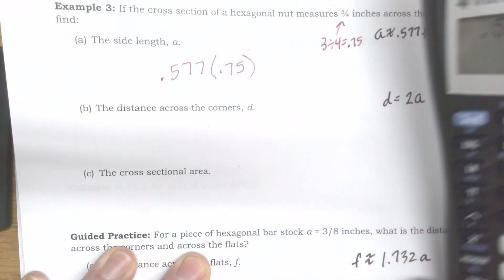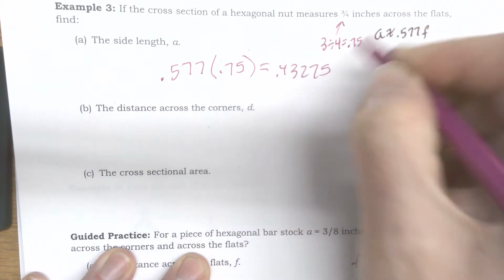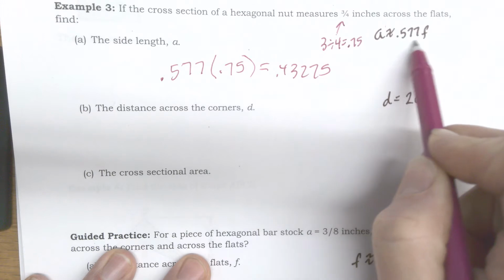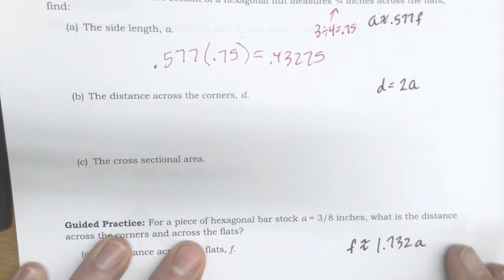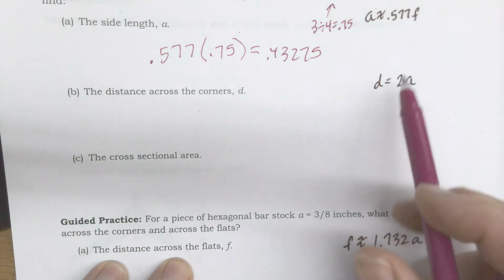I get 0.43275. The little squiggle equal means it's approximately equal to, so that means they must have rounded this. Just so you know that it's not an exact answer, it's just an approximate.